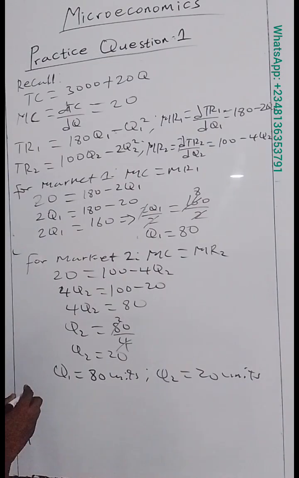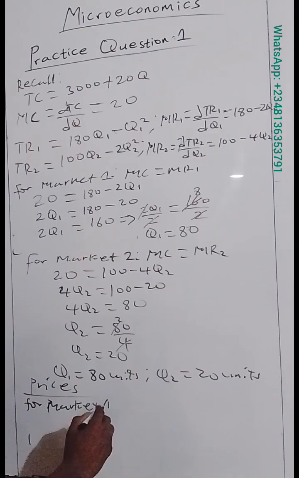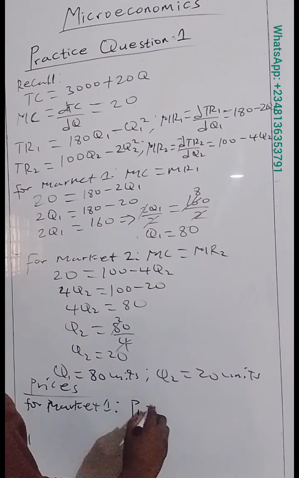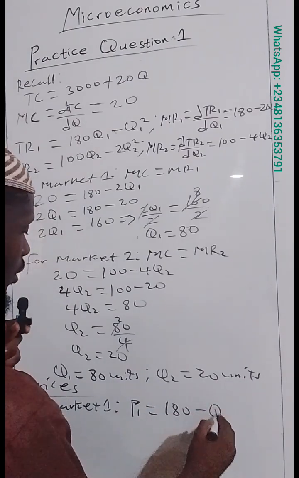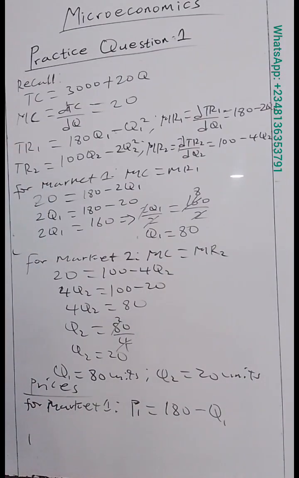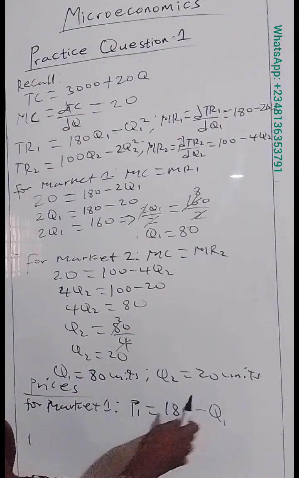That one is very simple. For the price, for market 1, you recall that we are given P1 equals 180 minus Q1. What we need is just to plug in the value we got for Q1 into this function.